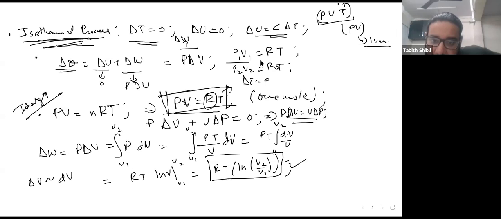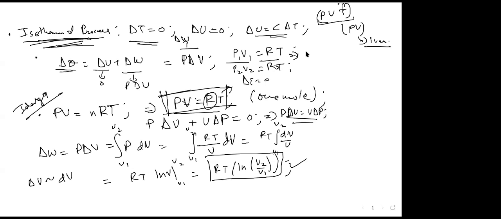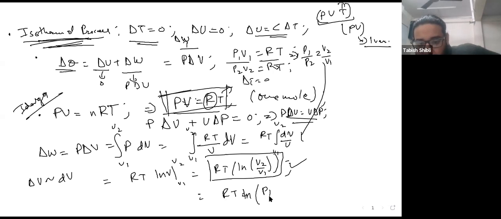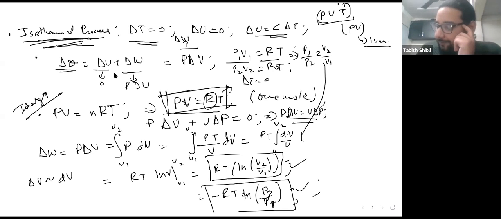We can divide these two, and what we get is P1 by P2 is equal to V2 by V1. Then yes, it's P1 by P2. So it's RT log P1 by P2, so it's minus P2 by P1 essentially. Okay, yes, lovely, sir.